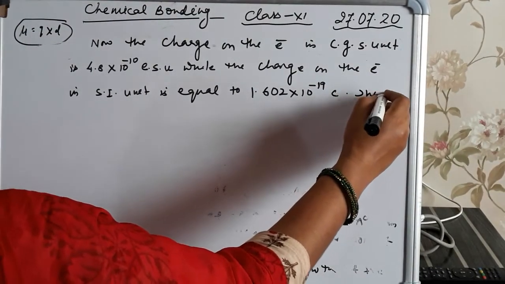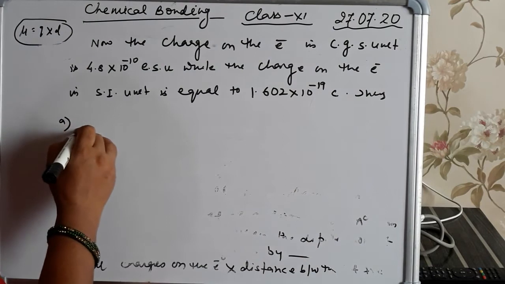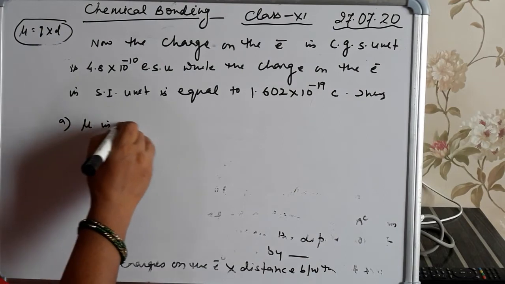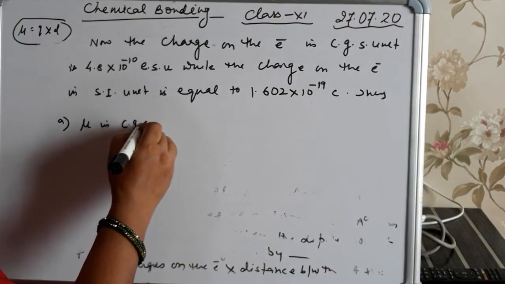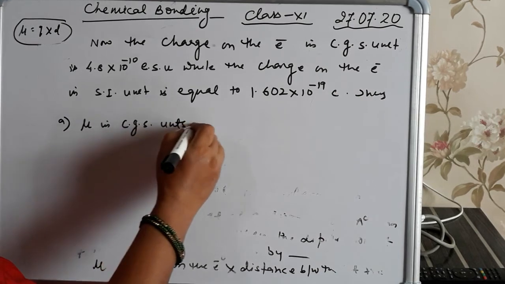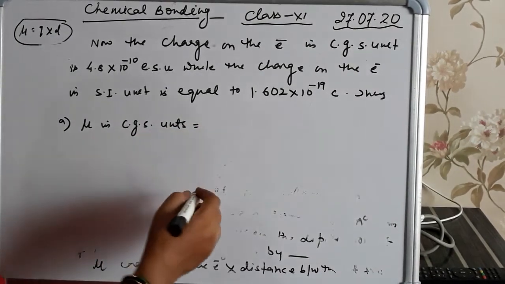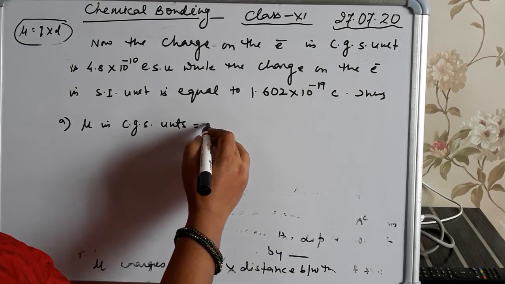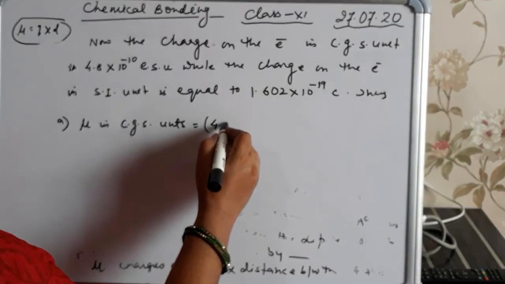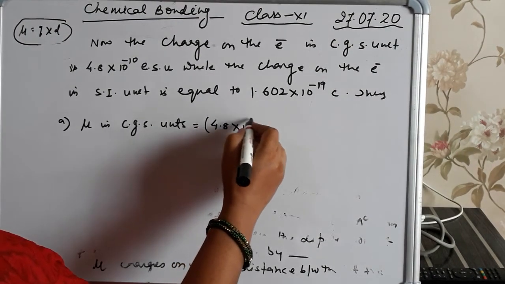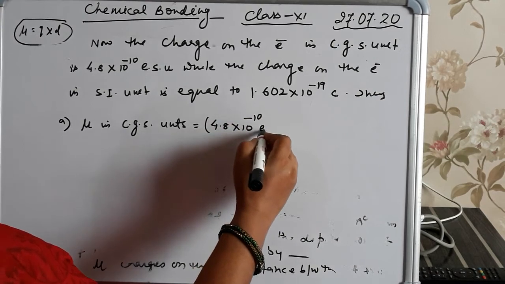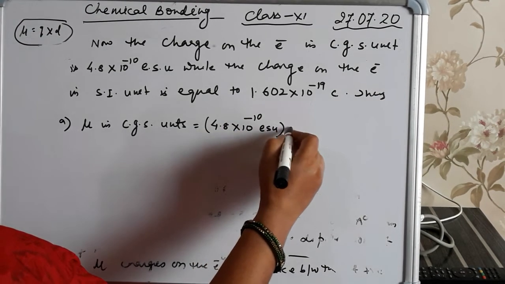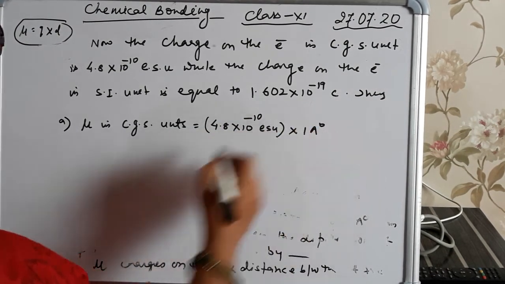Thus, number 1, mu in CGS units. We put the value of the charge of the electron, that is 4.8 into 10 to the power minus 10 electrostatic unit, and distance 1 angstrom.